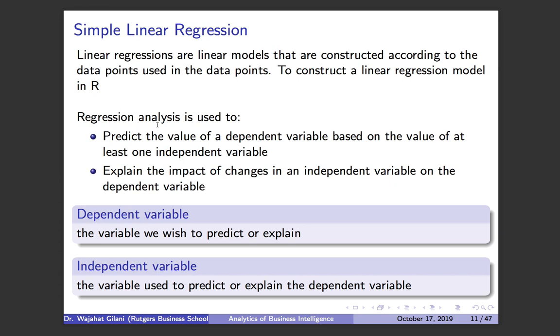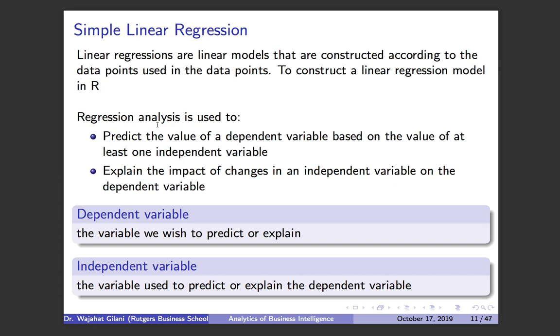Linear regressions, again, are linear models, and they're constructed using the data points you give it. For linear regression, it's just two variables we're giving it, two columns of data, right?